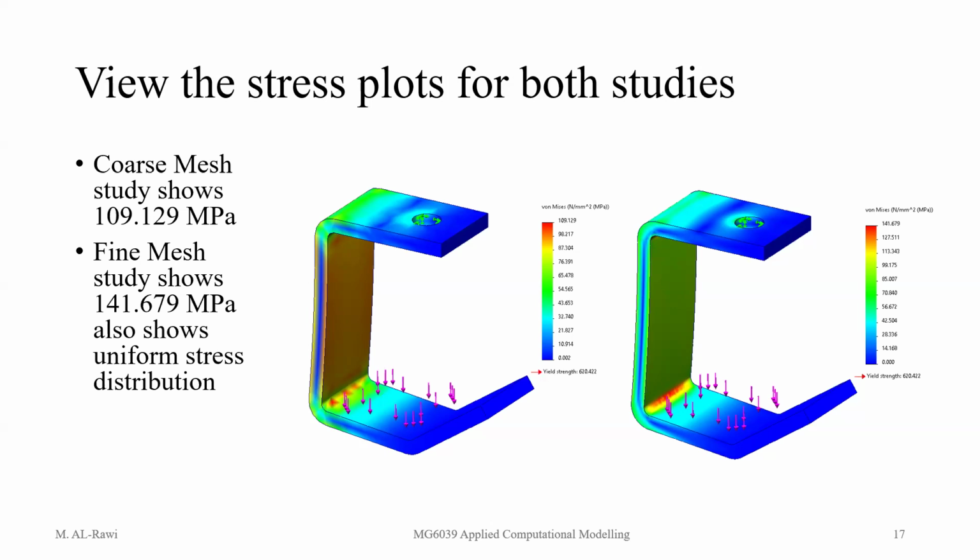So I'm far away from the yield. The yield is 620.422, so I can add more to it, which we do as humans; we always try to add extra by nature, but you need to make sure to take the factor of safety and other components into account.